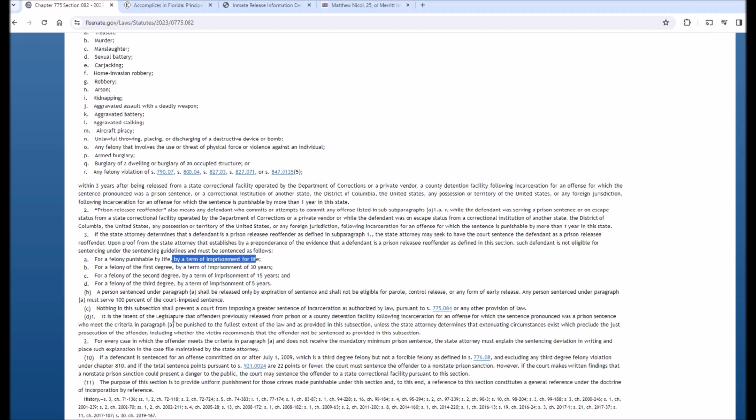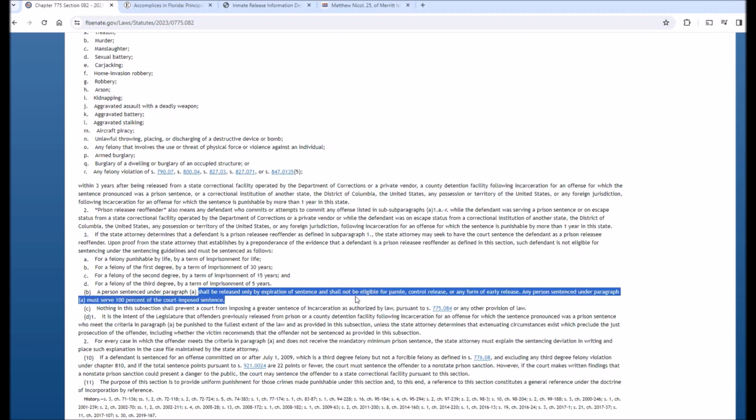But then notice this section down here. Section B. A person sentenced under paragraph A, you can read all this, shall be released only by expiration of sentence and shall not be eligible for parole, control release, or any form of early release.